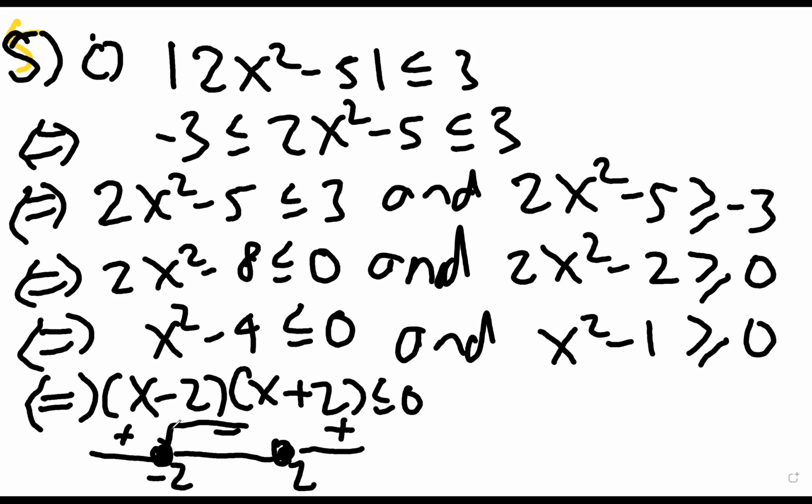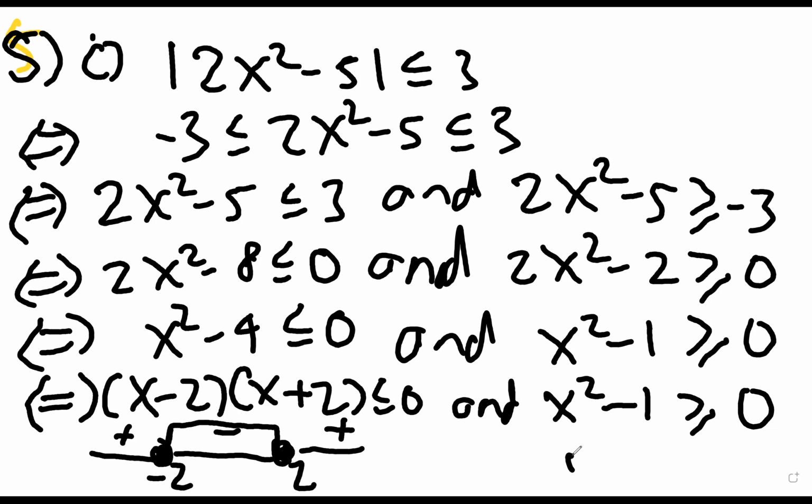So I will take the negative part here. Another inequality is x squared minus 1 is greater than or equal to 0. I have minus 1, 1 here, and the sign is positive, negative, and positive. Since this is greater than or equal to 0, I take the positive part here.